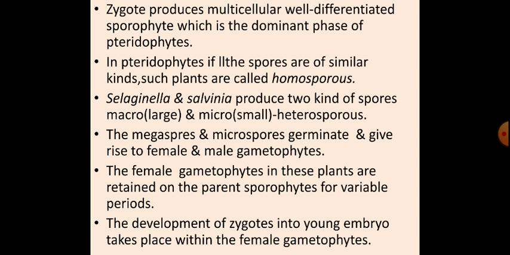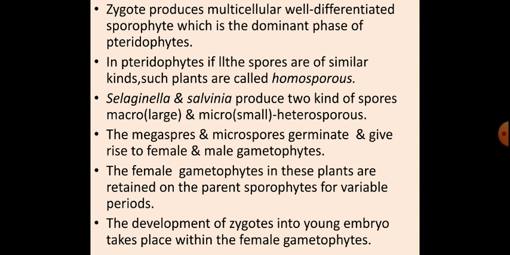Once reproduction takes place, that is, the male and female sex organs come in contact with each other, fusion of gametes takes place and leads to formation of the zygote. What will the zygote undergo? The zygote will produce a multicellular sporophytic plant body, that is, sporophytic pteridophytes.